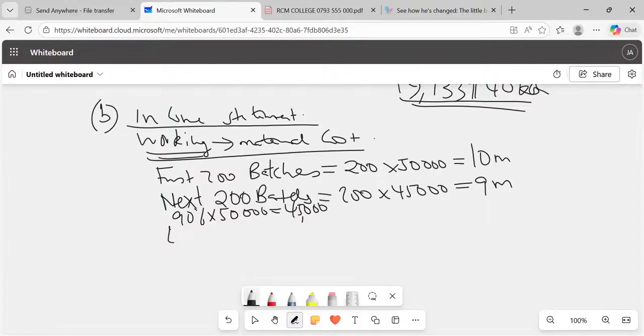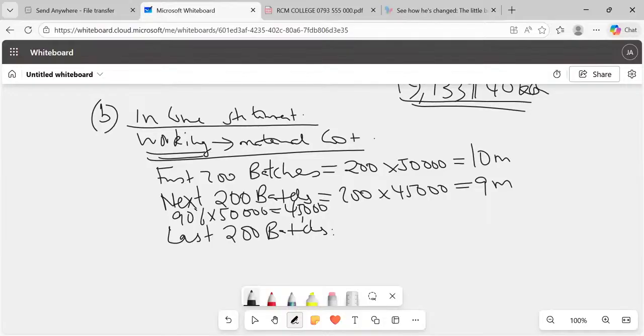And then now we have the last 200 batches. What have they told us there? All batches thereafter will be costing us 90% of the batch cost of the second.